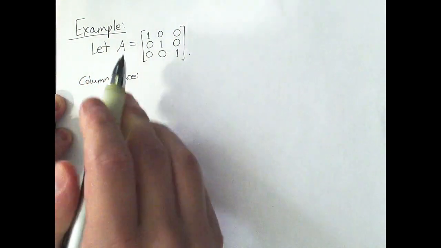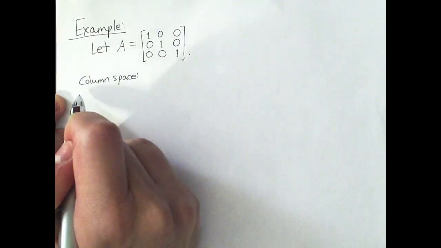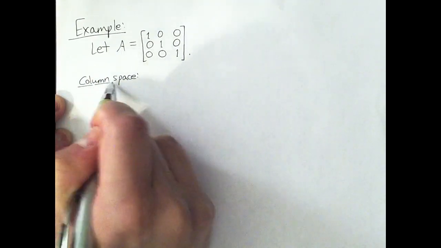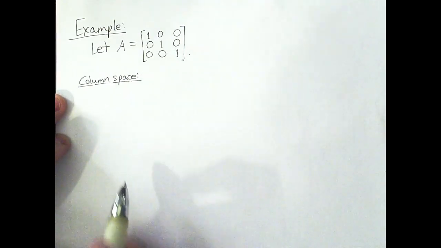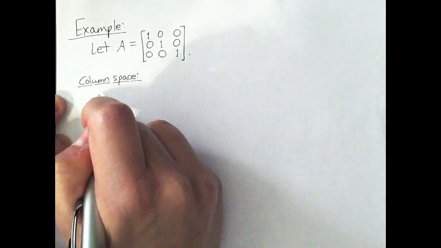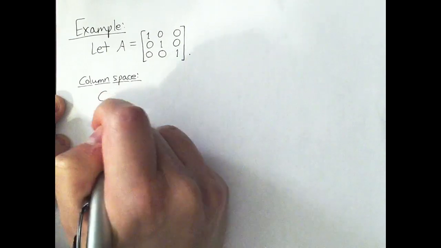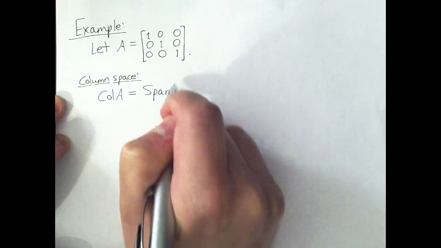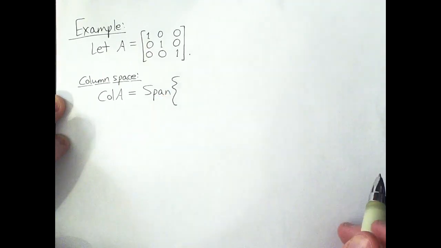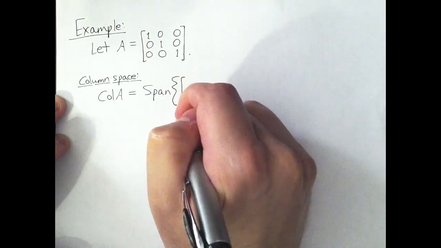So, I think looking at the identity matrix might be interesting since it's one of these important, fundamental matrices. So, what's the column space? The column space is going to be the span of every column that has a pivot position.